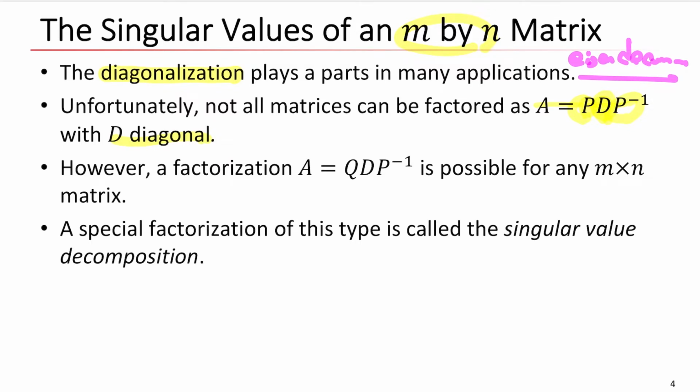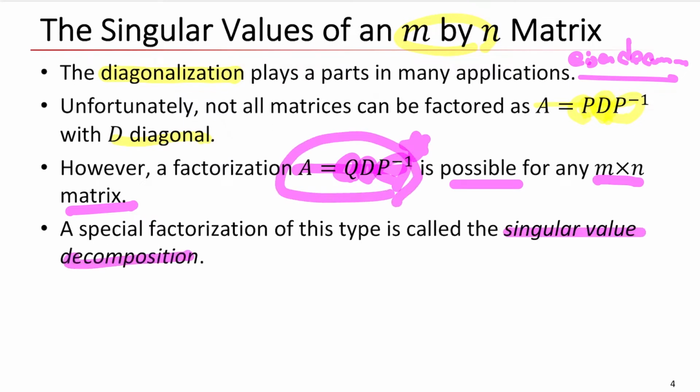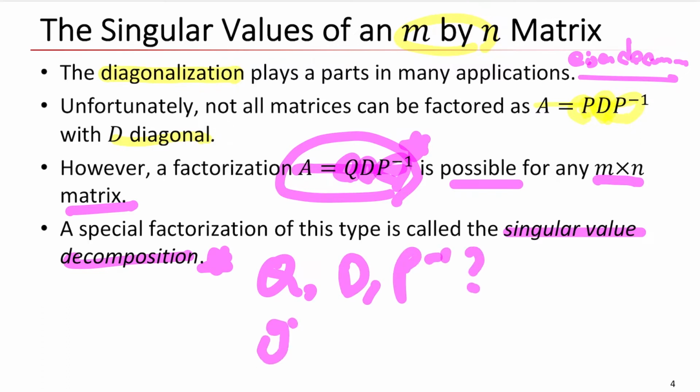However, the factorization A = QDP inverse is possible for any m by n matrix. This is actually a special case of the diagonalization, and we call this factorization the singular value decomposition. Today we will talk about how to estimate Q, D, and P inverse for a given arbitrary m by n matrix A. So this is today's goal.